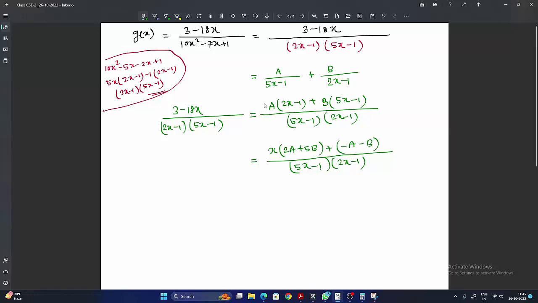Okay. So now you can equate the like terms from here. Here the x coefficient is minus 18 and here the x coefficient is 2a plus 5b.